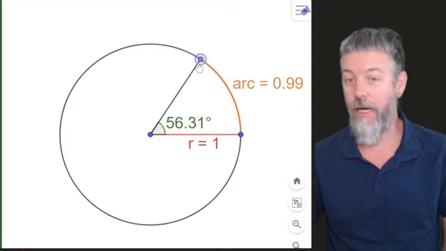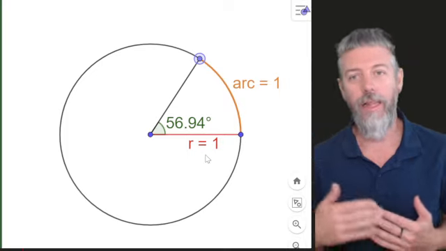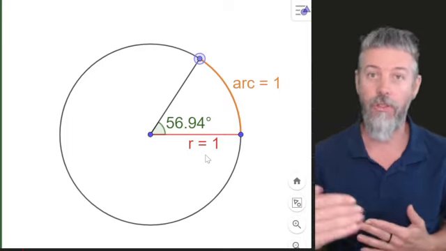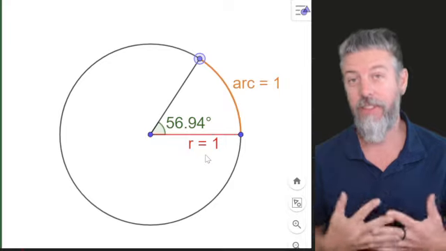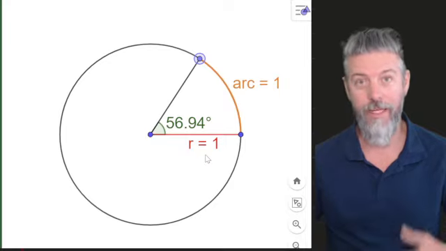So in this case, the arc would need to be 1 unit long because I'm in a 1 unit circle. We've now laid one lot of the radius onto the circle to make that arc. And this is actually the definition of what a radian is.